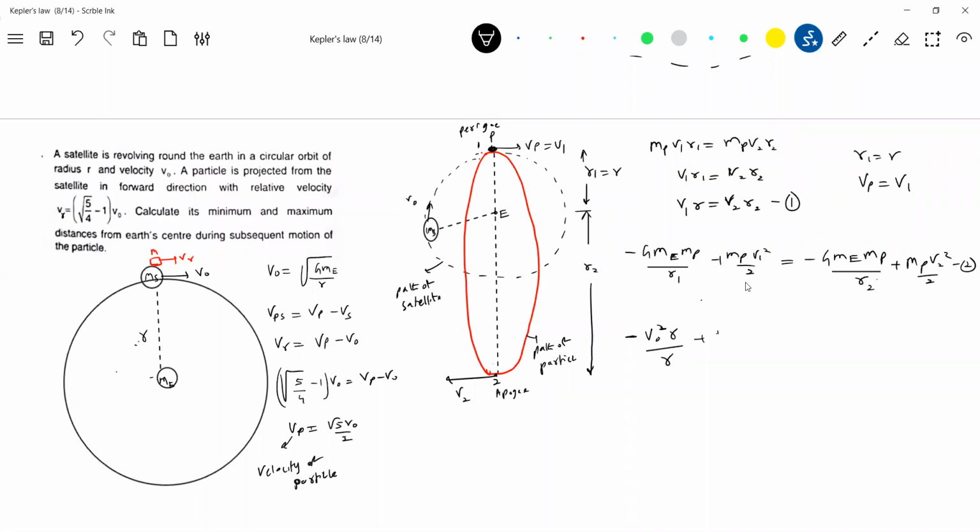Vp, which is equal to root 5 V0 by 2, and this is squared. Minus GM_E, so this should be equal to V0 square R over R2, plus half V2 square, which you can write as V0 R by R2 whole square.